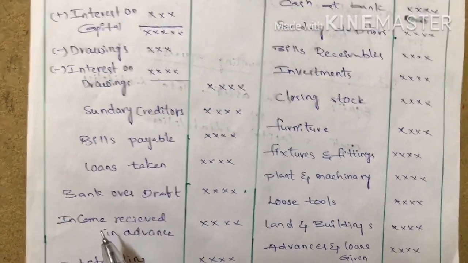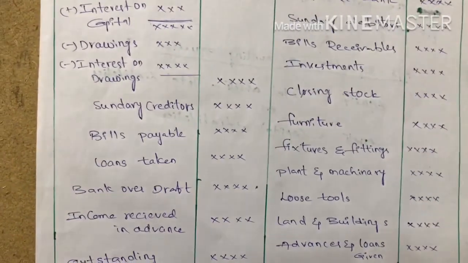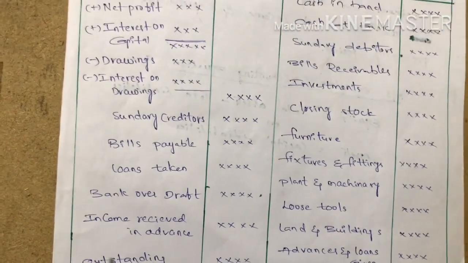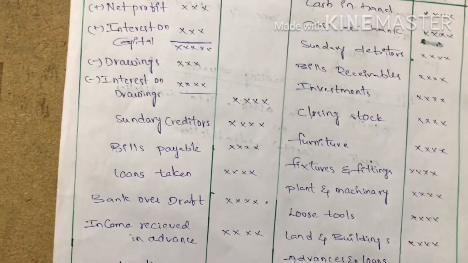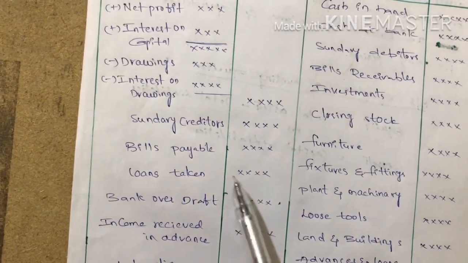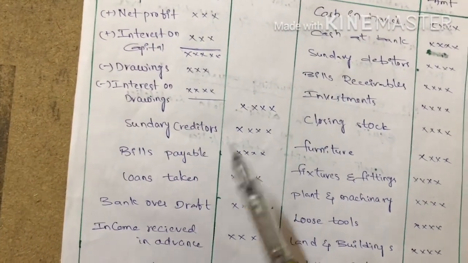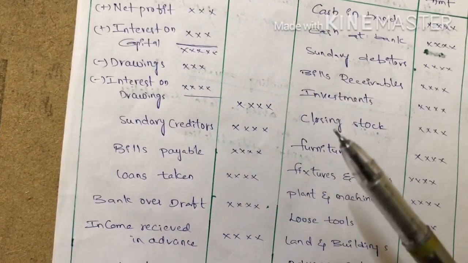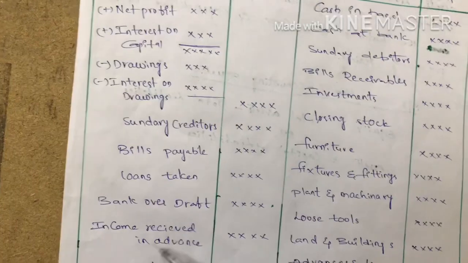Okay, so the next one, outstanding expenses. These are the outstanding expenses, that is an amount to be paid. We can pay some persons some amount, so that's why it is a liability.